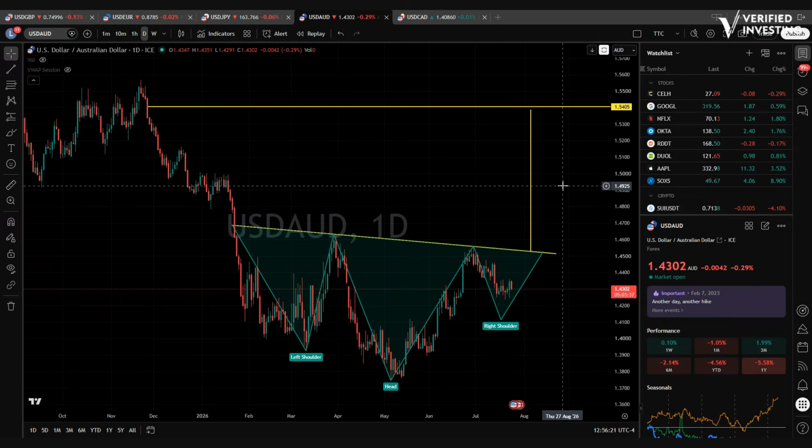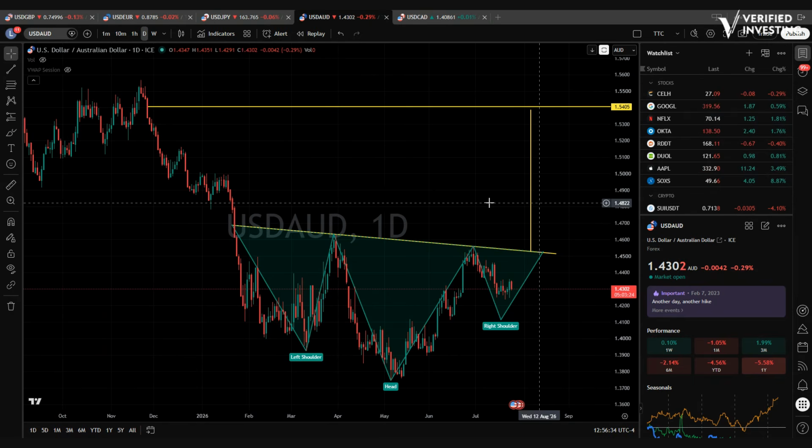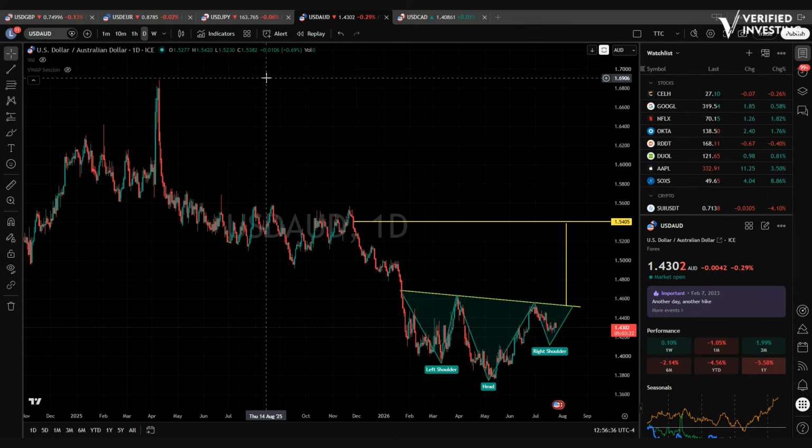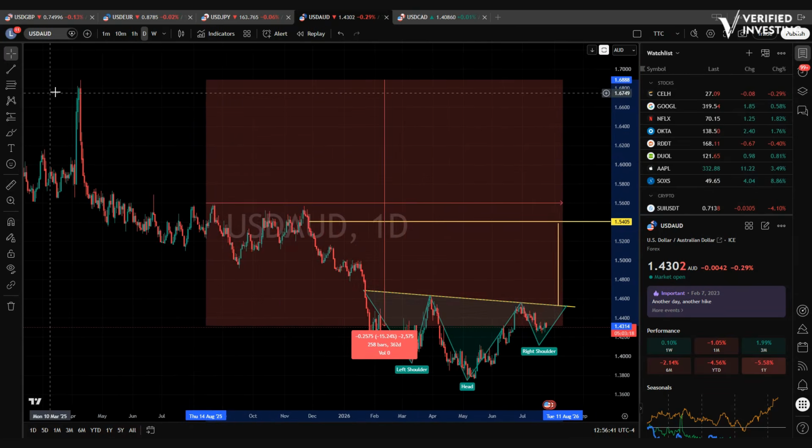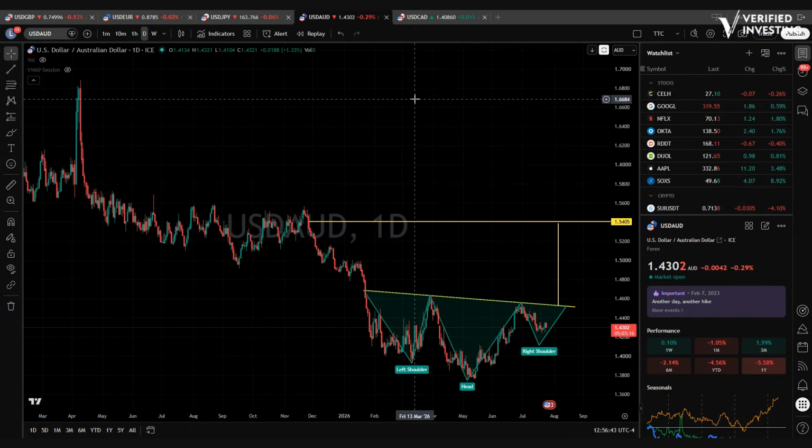This has been charted so beautifully. There's not a lot more for me to say on this, other than if this breaks to the upside, I really expect a nice move up just because we're still down from our highs in around April, about 15% here on the US dollar compared to the AUD.